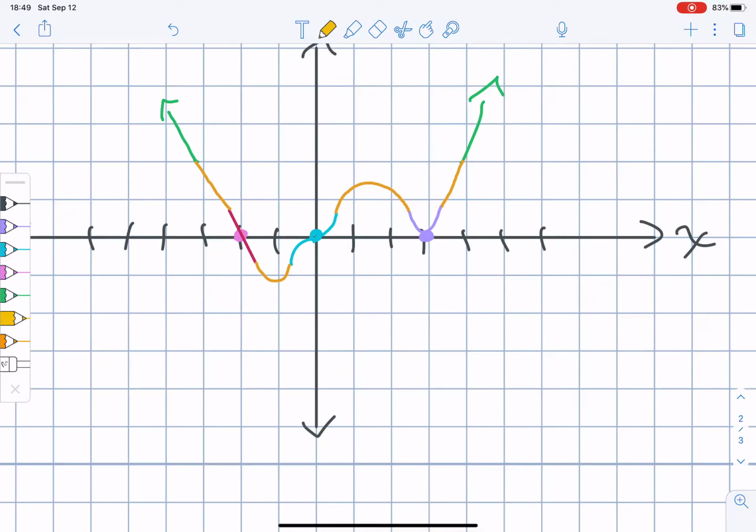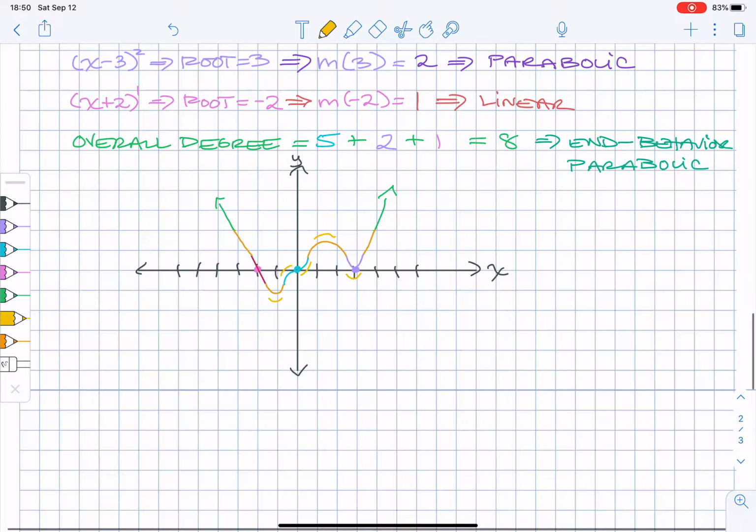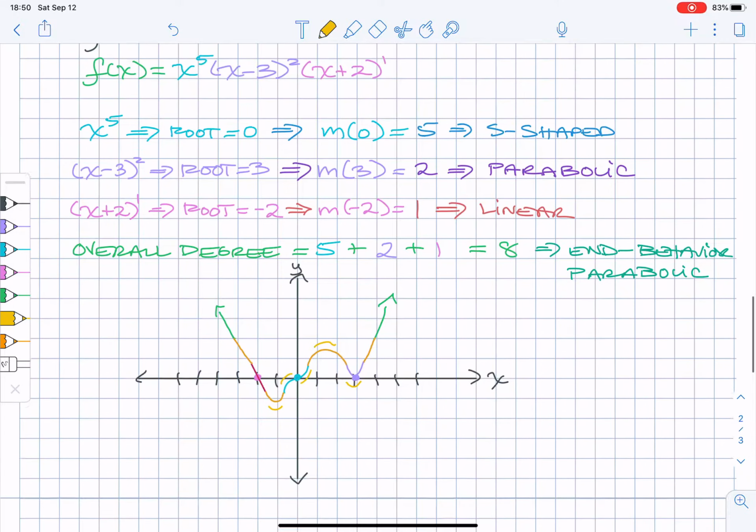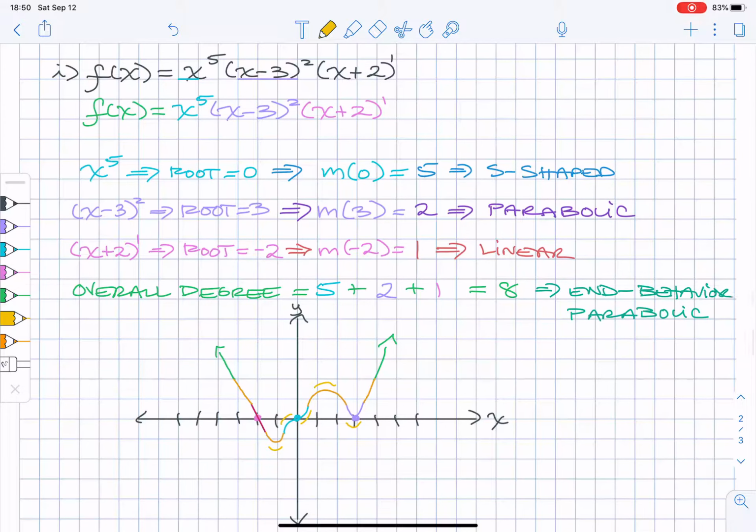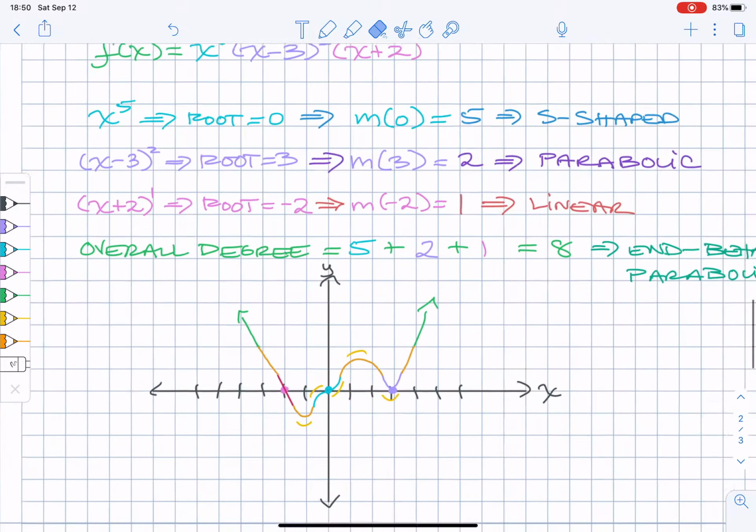Looks like I have 1, 2, 3, 4, 5 turning points. So I have 5 turning points. So the degree of this polynomial is at least 6. And it is at least 6 because it's 8. So it's more so. Now you don't have to do that on yours. I just wanted to show you that.